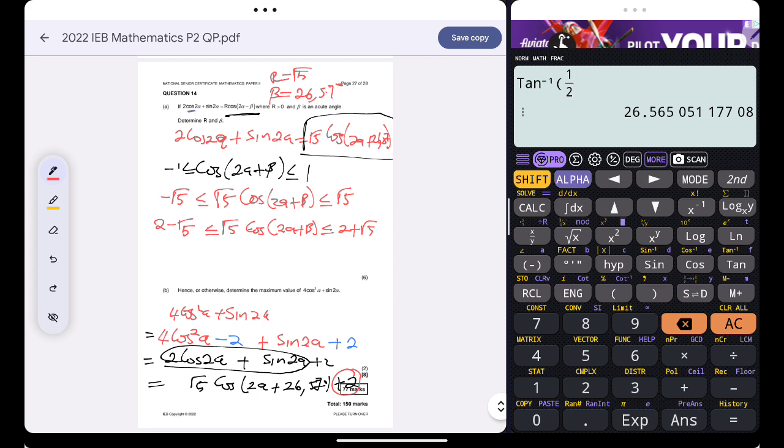Okay, so now I know that I have this. I forgot to write a 2 in between. Now I know that I have this guy here, and this guy is equal to this one. So I can simply conclude what is the maximum or the minimum.